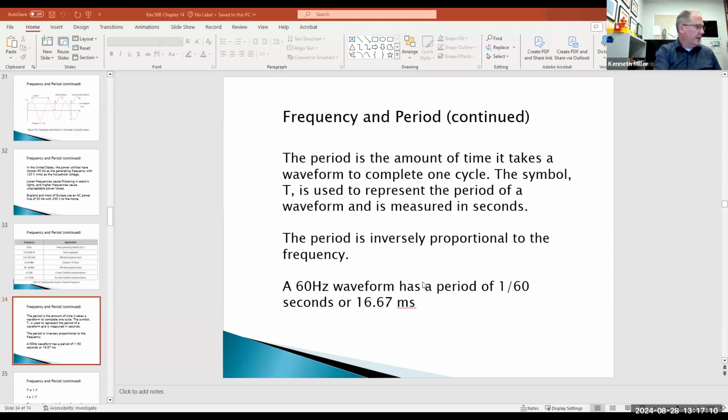So if we look at our camera here, let me switch camera, stop share, and go to my calculator here.